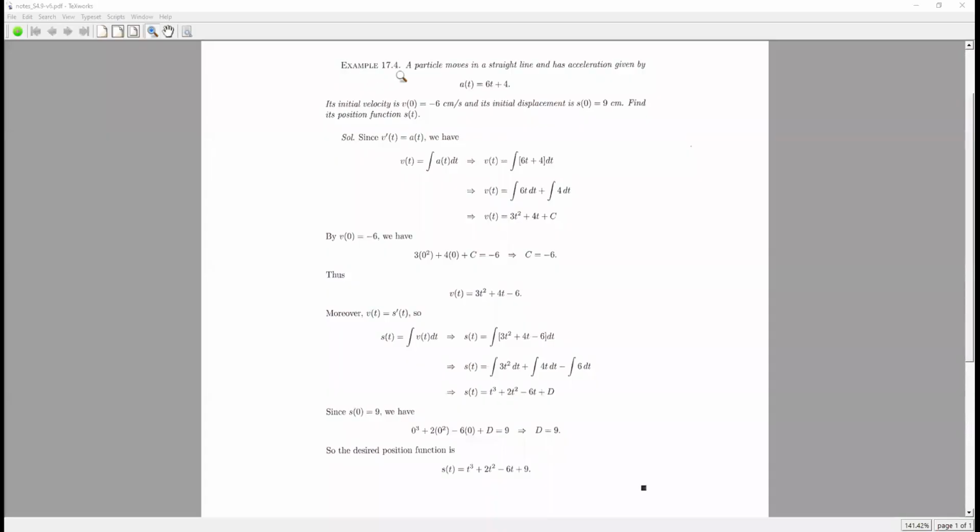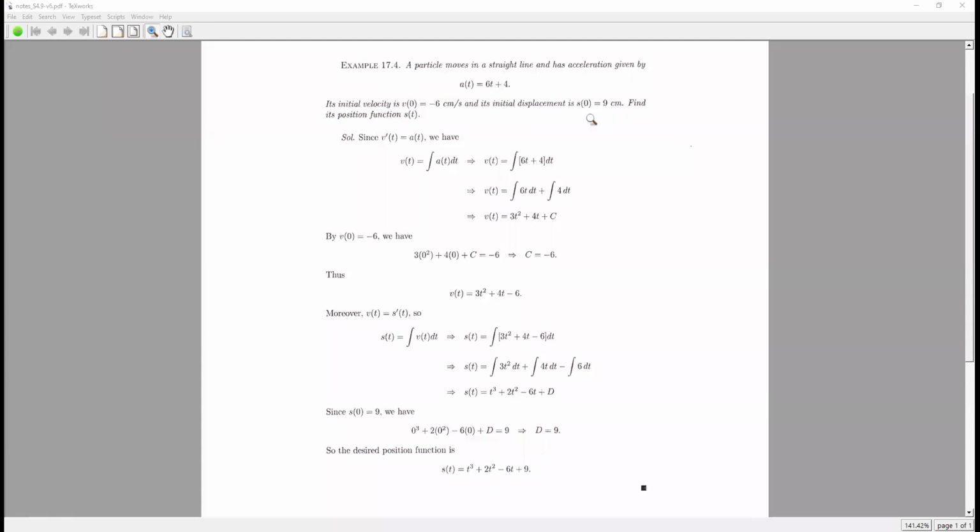Example 4. A particle moves in a straight line and has acceleration given by this equation. Initially, when time is 0, the velocity of the particle is -6 cm per second, and the position of the particle is 9 cm.